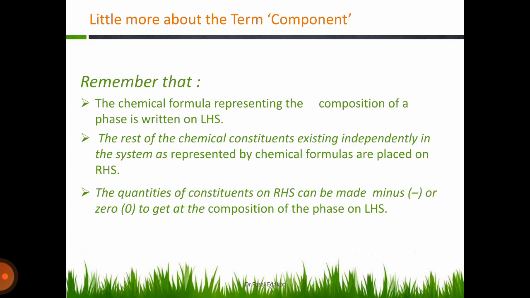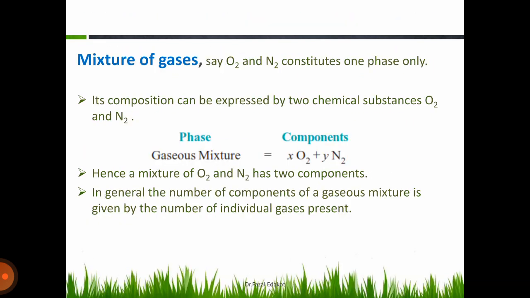So that's how we find the minimum number of independent chemicals involved. That's the question. See, here, if you take the mixture of gases, for example, oxygen and nitrogen constitute one phase only. So we were discussing homogeneous gas.